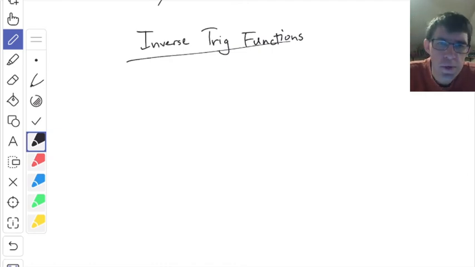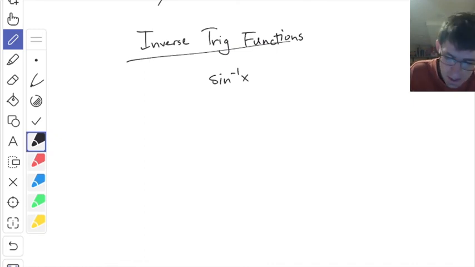Inverse trig functions. You've probably seen these buttons on your calculator. This is what we're talking about, that button on your calculator. This is called the inverse sine of x, or also sometimes arc sine. That's a C, arc.